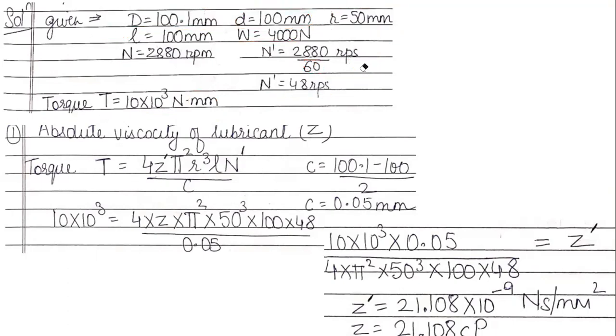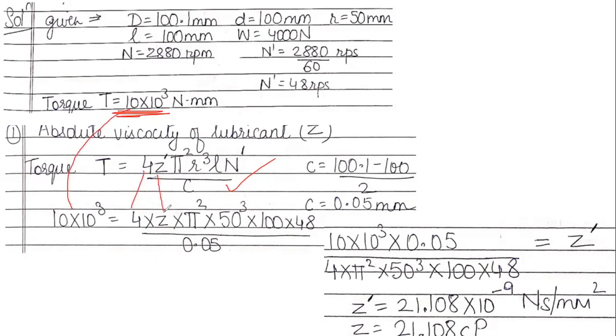Now, one by one, I'll have to find out the things which they have asked. First, they have asked for the absolute viscosity of the lubricant. So I'm going to use equation B of Petrov's equation that we have derived, which is T equals 4 z dash pi square r cube L n dash upon C. You can see torque is given over here, which is 10 into 10 raised to 3.